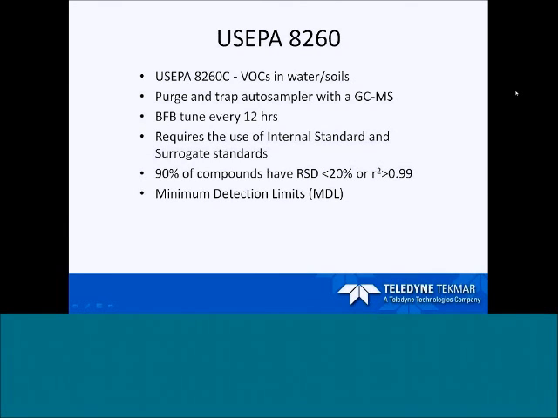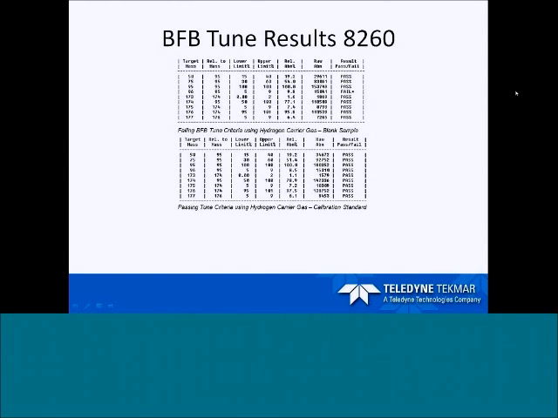To pass the requirements for 8260, 90% of your compounds have to have an RSD of less than 20% or an R-squared value of above 0.99. Then I'll also discuss the results we got for minimum detection limits.